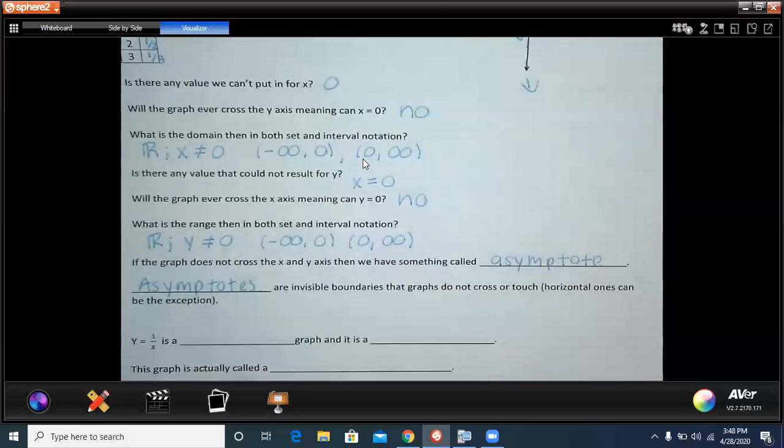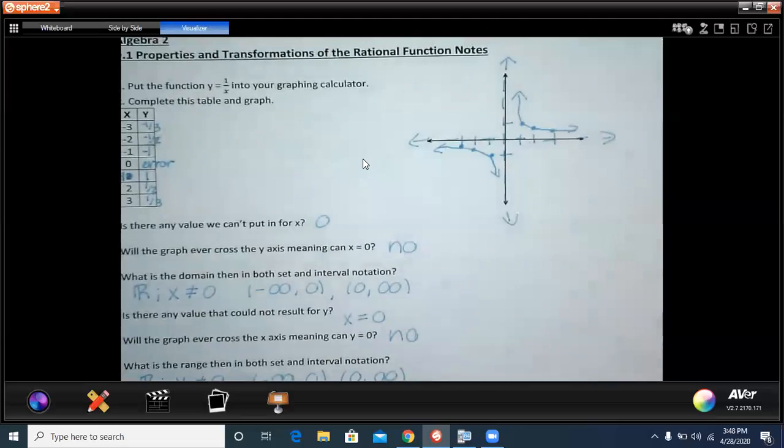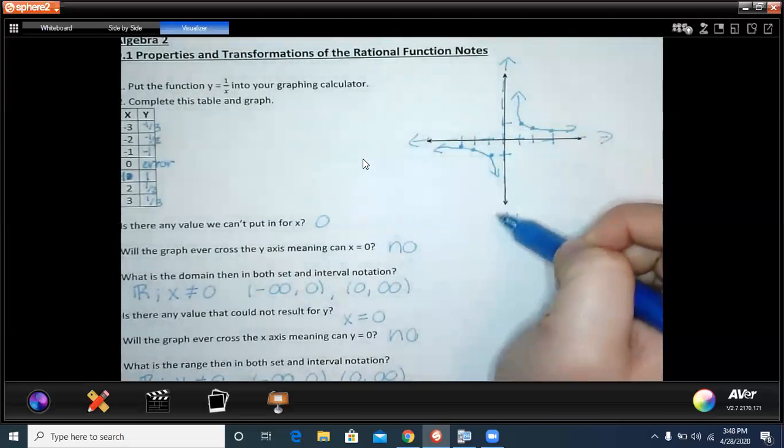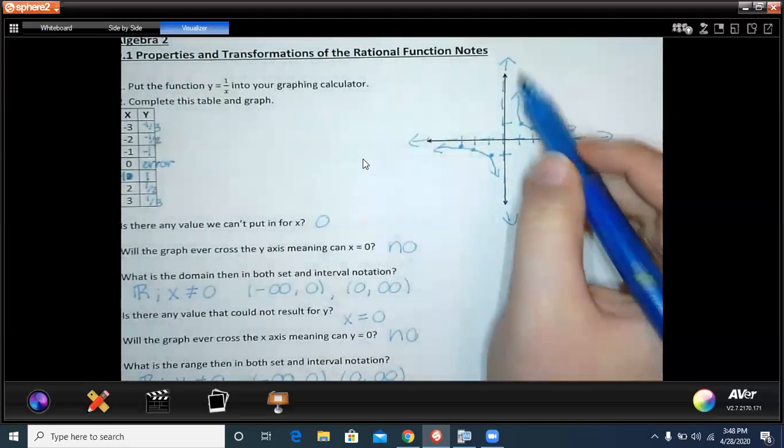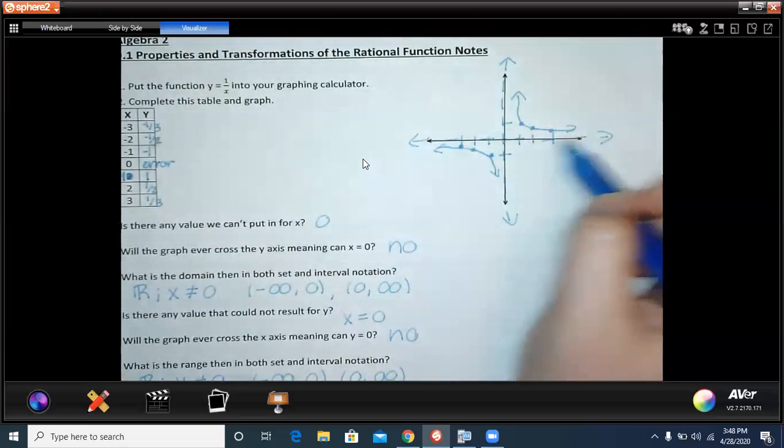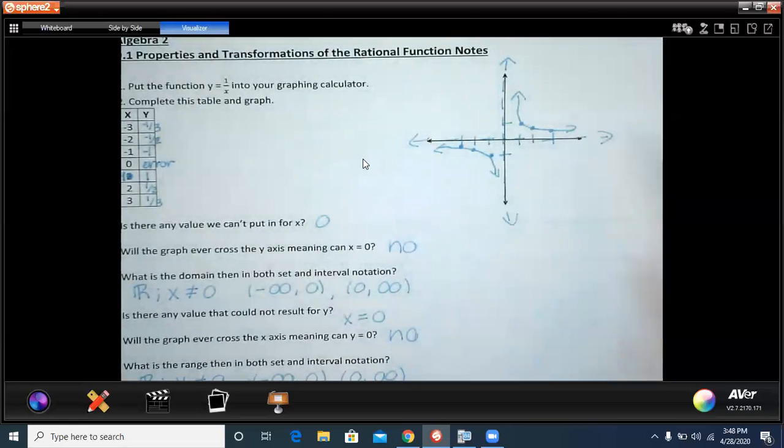So they'll never touch, unless they're horizontal, then sometimes we have an exception there. But to show an asymptote in your graph, you draw these dotted lines like I drew here. So there is our vertical asymptote running on the y and our horizontal running on the x-axis.